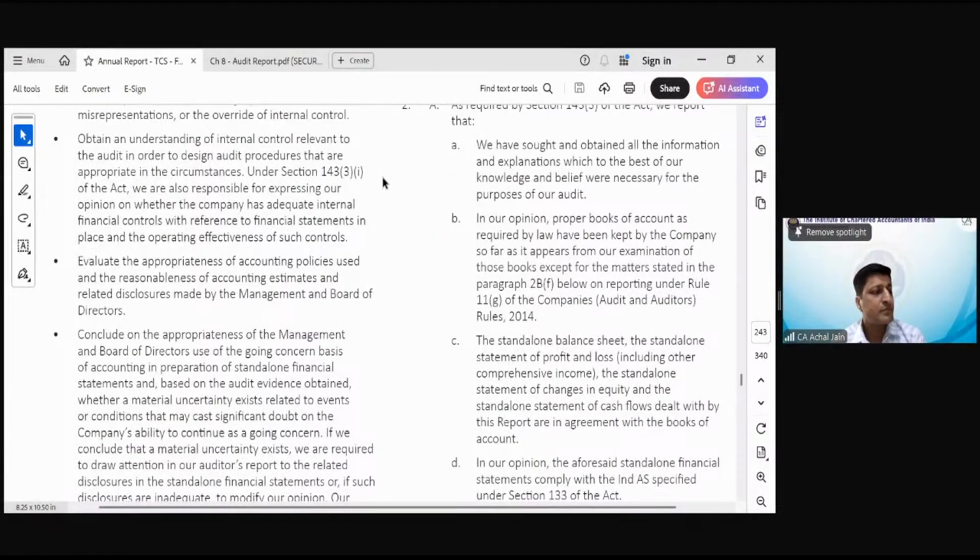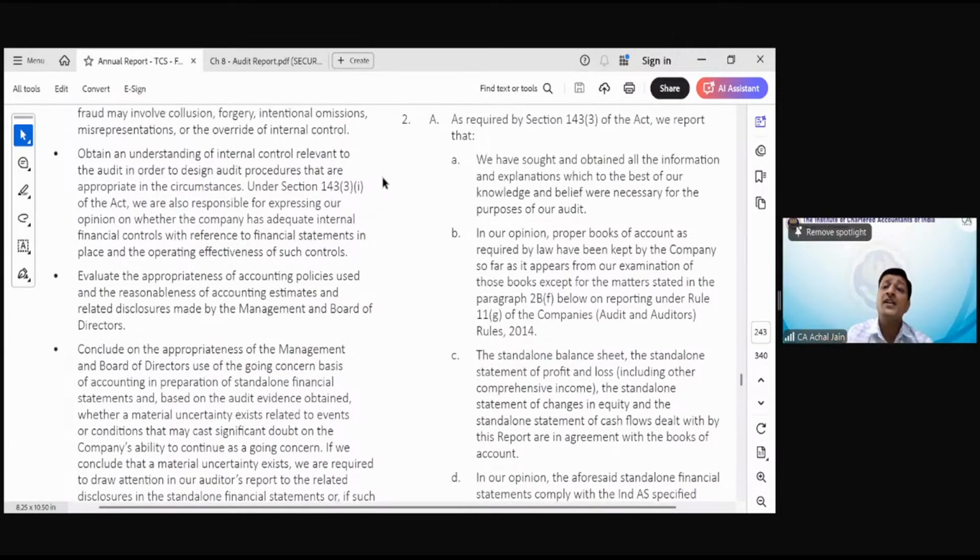The auditor says we have sought and obtained all the information and explanations which, to the best of our knowledge and belief, were necessary. This is something on which the auditor is required to comment: whether the auditor has obtained all the information necessary for the purposes of the audit. The auditor is saying yes.